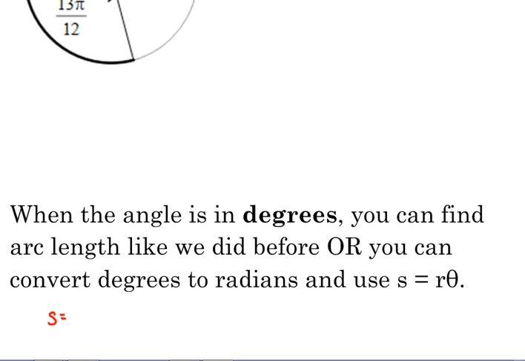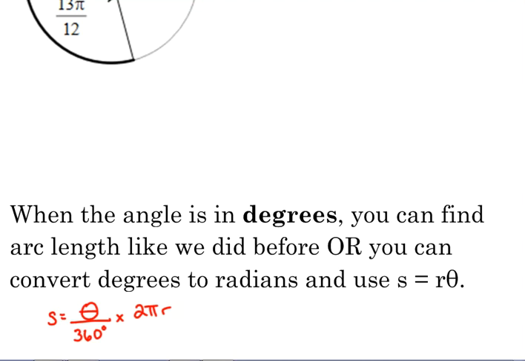What do we call when we go all the way around the outside of the circle? Circumference, right? It's a portion of the circumference. So in degrees, we would put theta over 360 because that gives us our portion, times circumference, which is 2 pi r. So if it's in degrees, you can still use that formula.